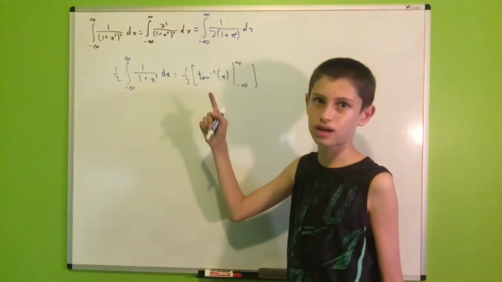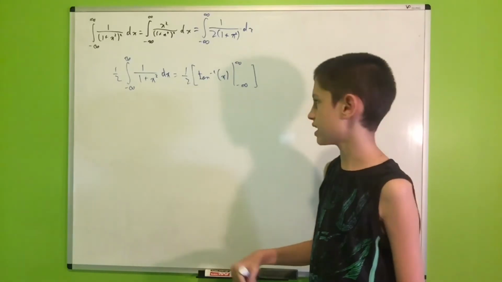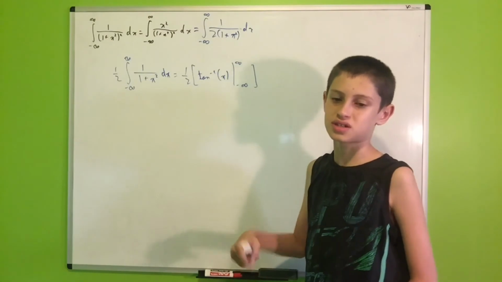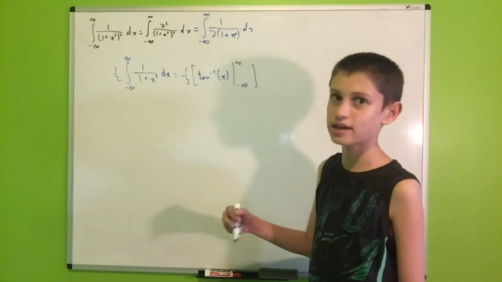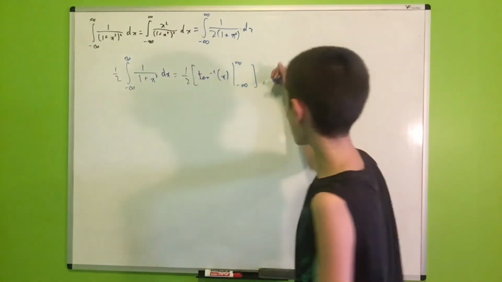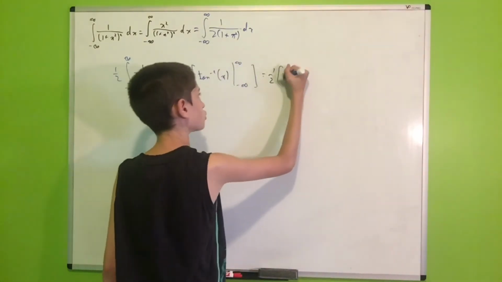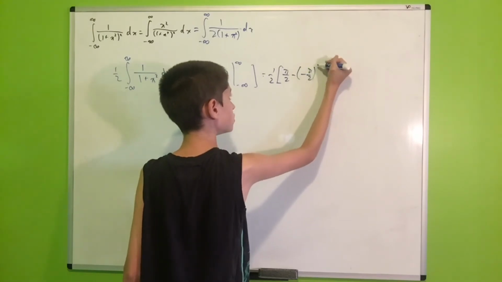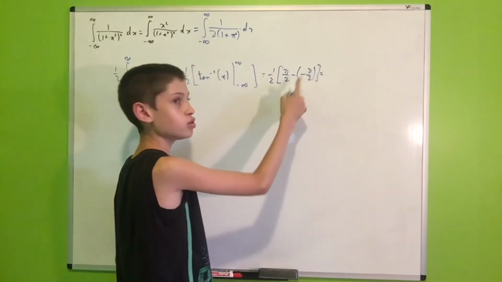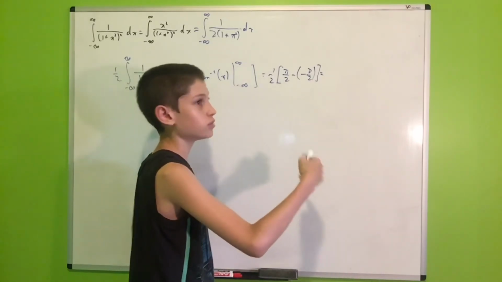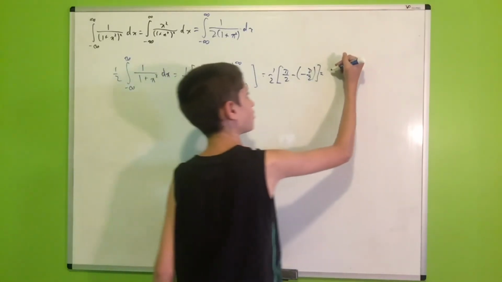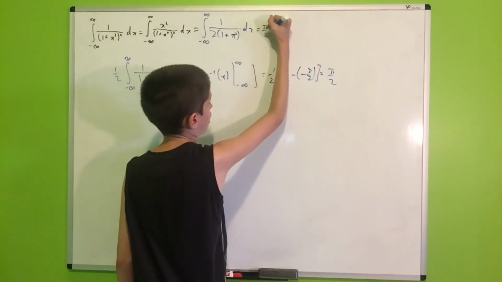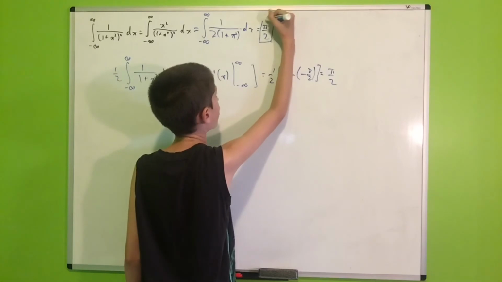But then as x goes to infinity, arctan x tends towards pi over 2, and if we go in the opposite direction, since arctangent is an odd function, we get that this will approach negative pi over 2, so we get 1 over 2 times pi over 2 minus negative pi over 2. But then pi over 2 minus negative pi over 2 is pi, and pi times 1/2 is pi over 2. So all these integrals are equal to pi over 2.